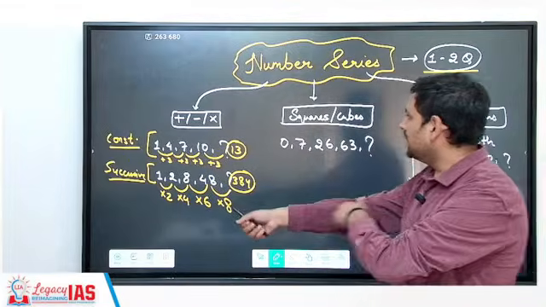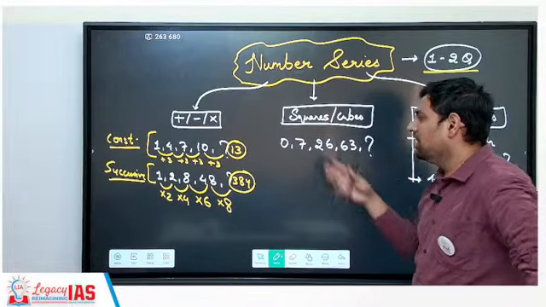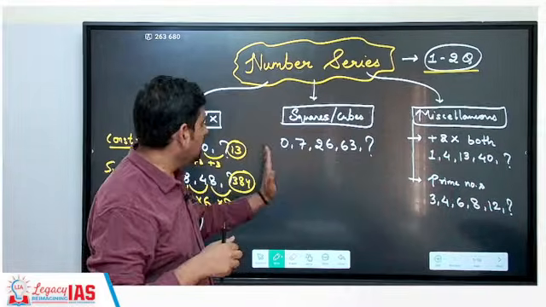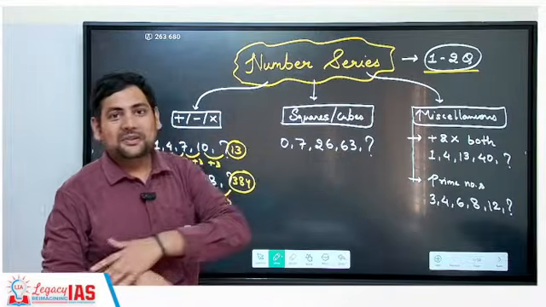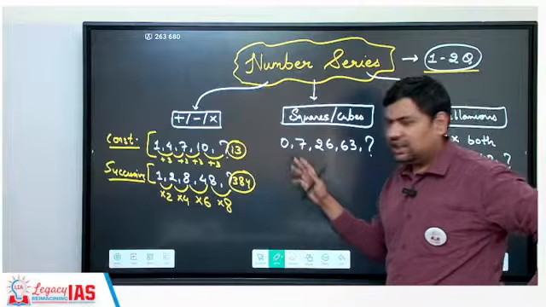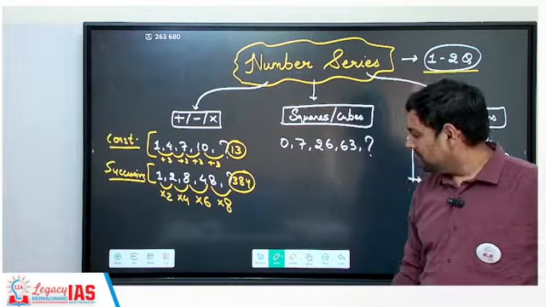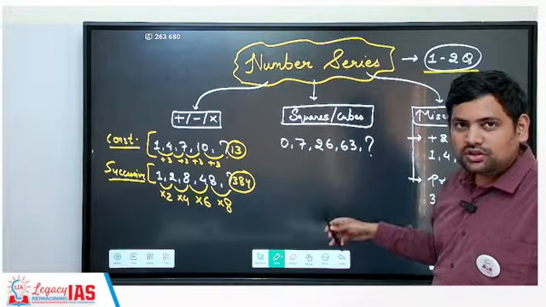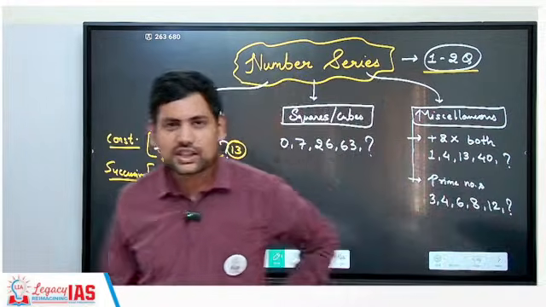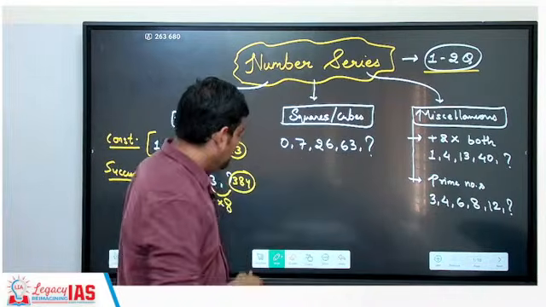Now next thing is, some series are based on some kind of squares or cubes. Okay. For example, if you look at this series, this is 0 7 26 63. What will be the next term? Now this becomes tricky if you don't remember the squares and cubes. Now see, if you do know the cubes, this is a very easy series. This is actually cubes of numbers minus 1. See here.